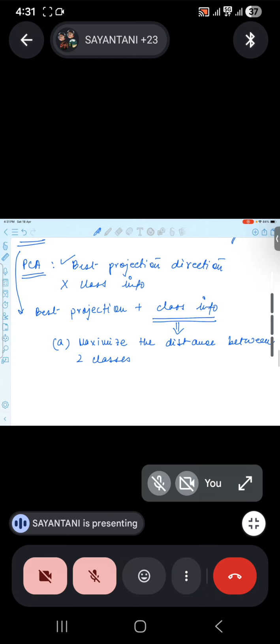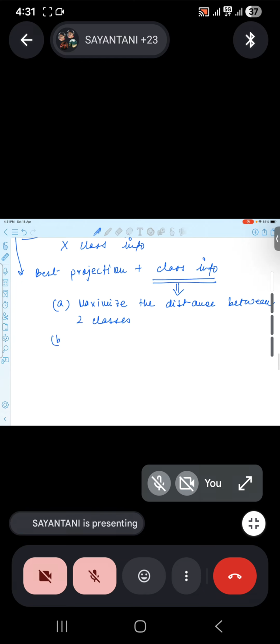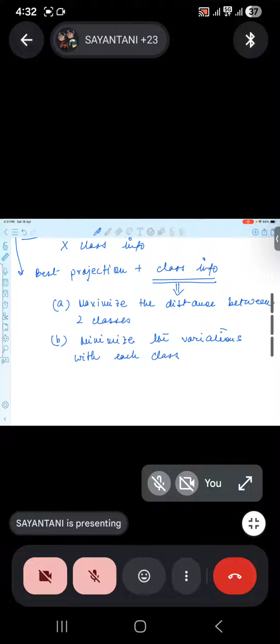And the second criteria is, we need to minimize the variations within each class. If we are able to achieve this too, we can easily discriminate two classes.